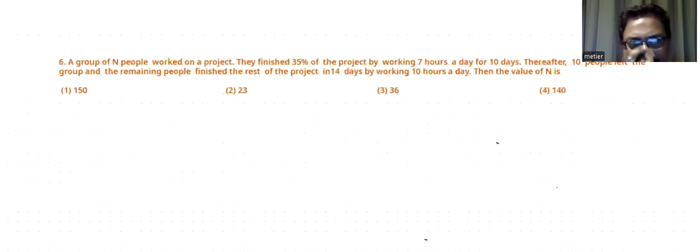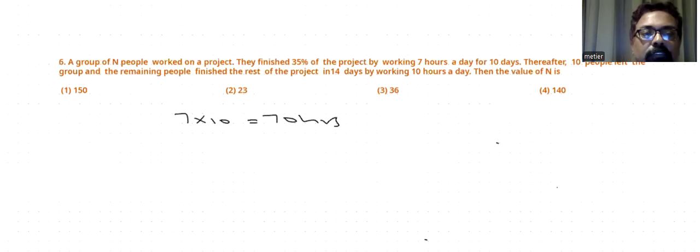Now, a group of n people worked on a project. They finished 35% of the project in 7 hours per day for 10 days. It means in 7 into 10, 70 hours, they have completed 35% of the work. Now, the rest of the work is 65%.